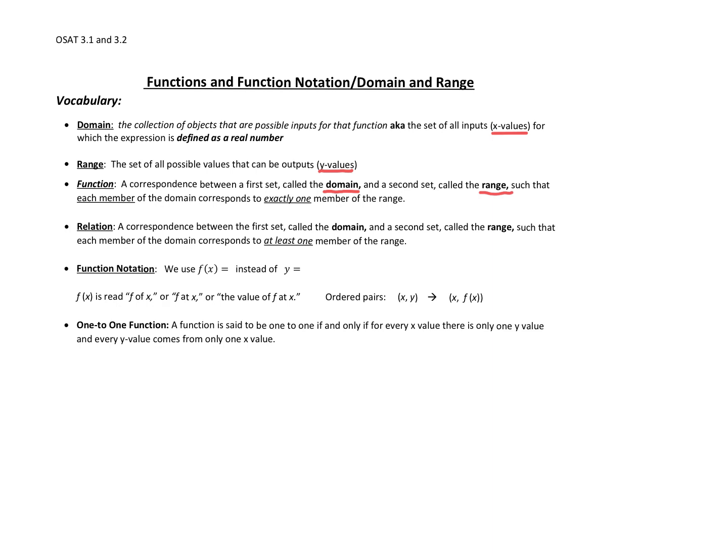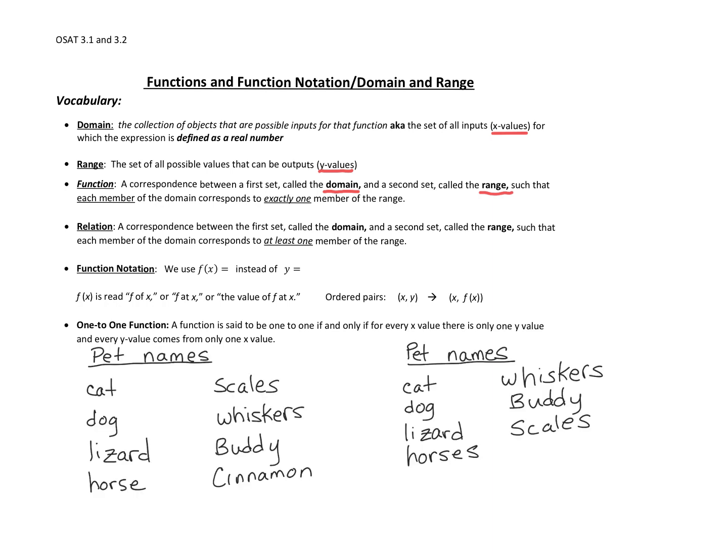Let's say we have pet names. If we have a set of pet names and our cat is named Whiskers, our dog is named Buddy, our lizard is named Scales, and our horse is named Cinnamon, this would be a function because every pet has only one name.